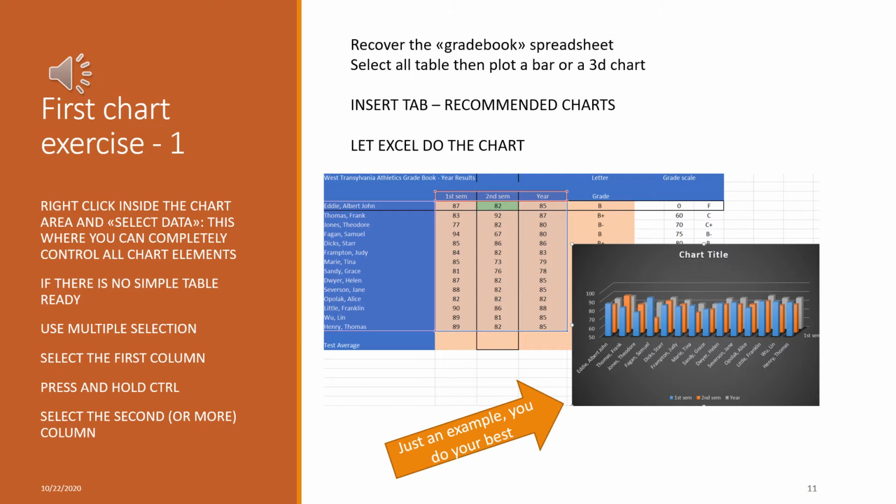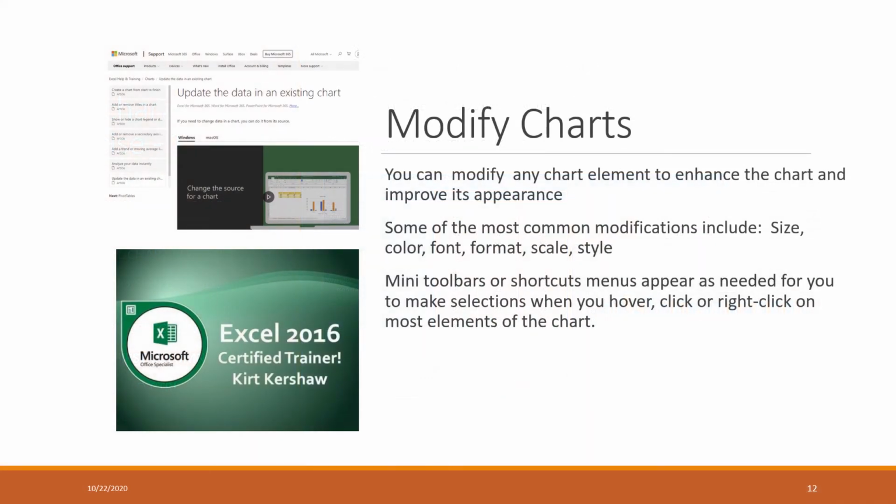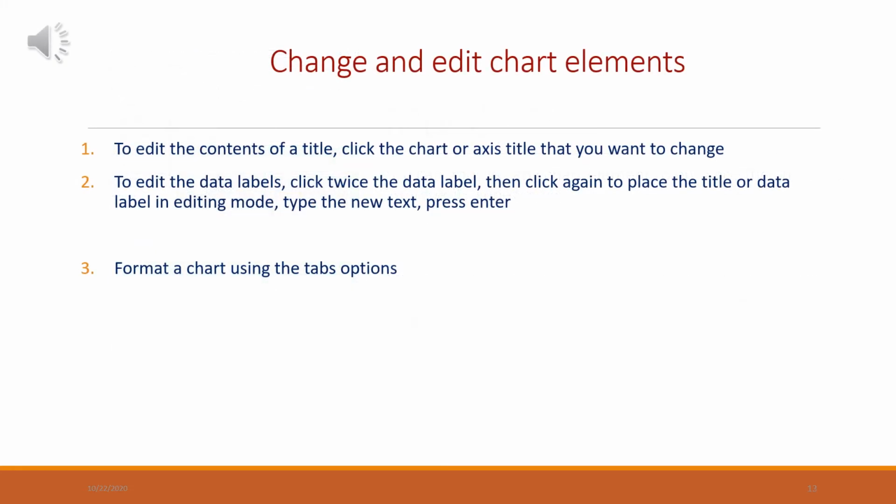As you have seen, there are so many options in creating and in modifying an Excel chart. We will adopt a number of simple slides that remind you how to do a certain operation, like changing and editing the chart's elements, putting a background picture, modifying the bars.